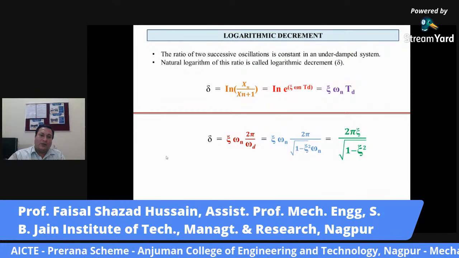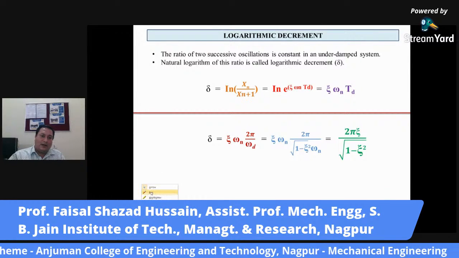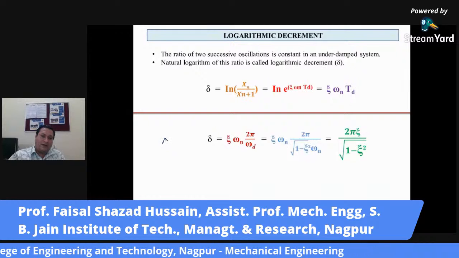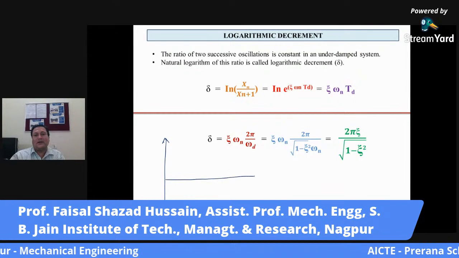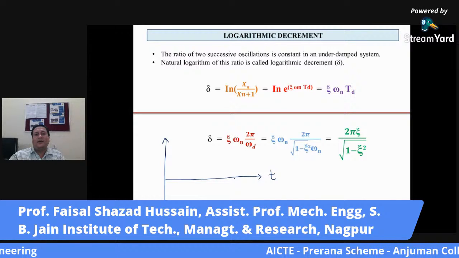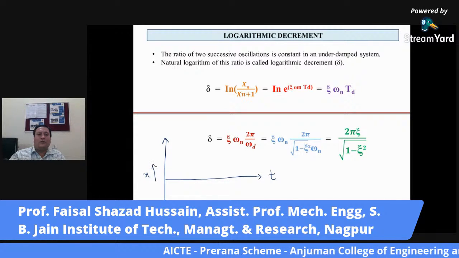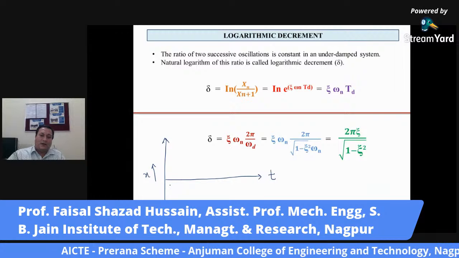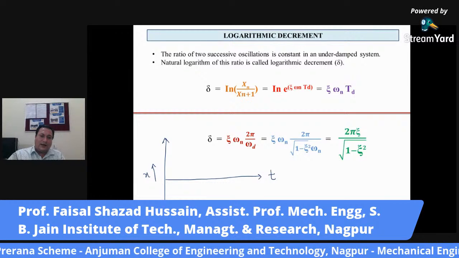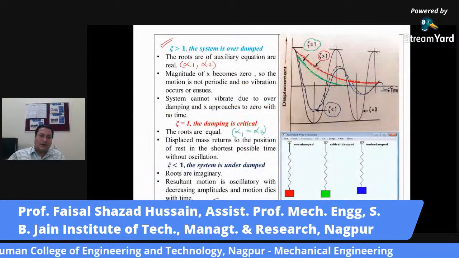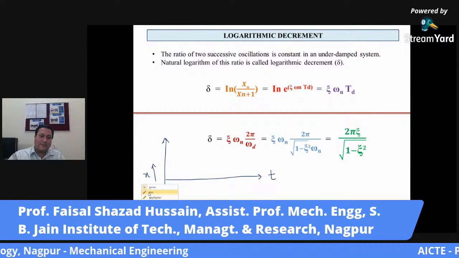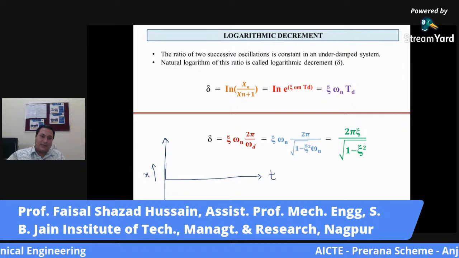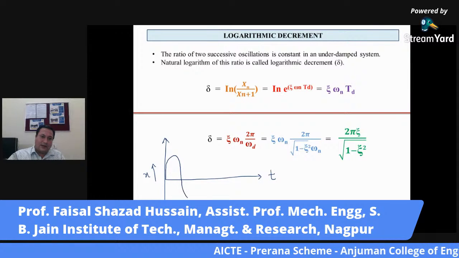Logarithmic decrement. So basically, for example, this is the displacement and this is my time period. In the third category, that is your underdamped system where the value of zeta is less than 1, the nature of the amplitude will be somewhat like this.